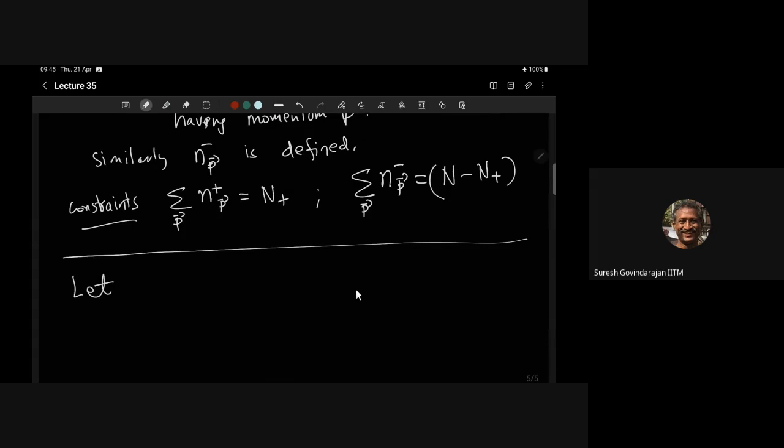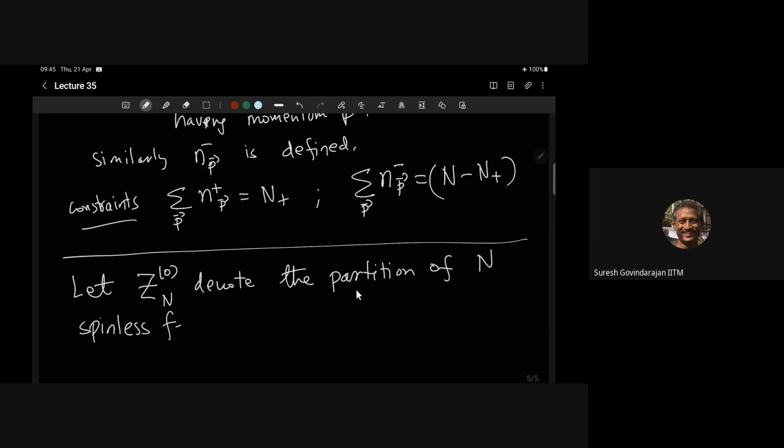So the partition function of n spinless fermions. Okay, that's what it means.